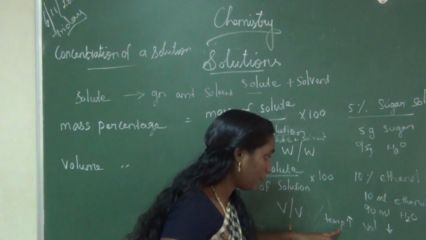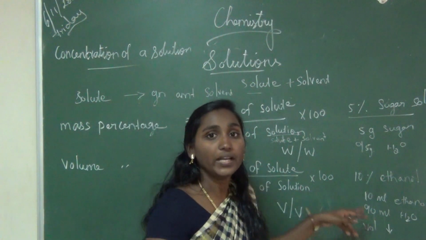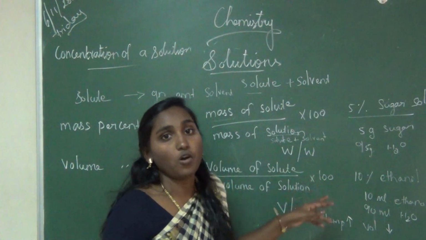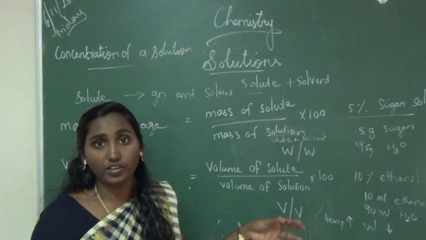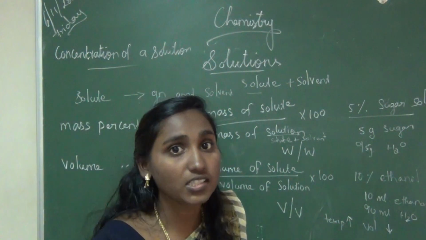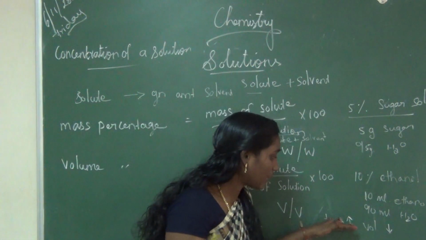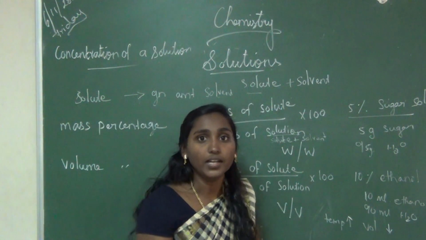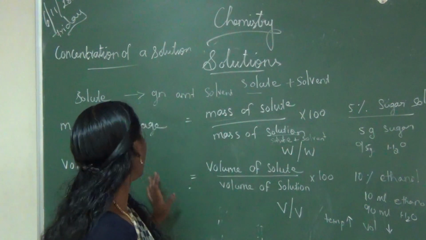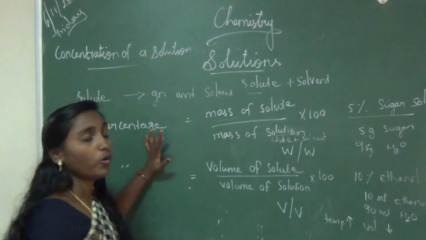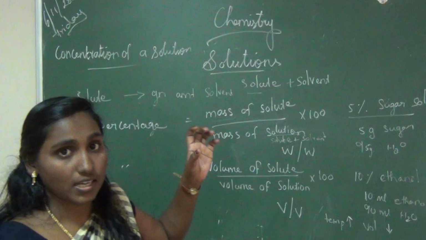Here, when temperature increases, the volume decreases because of expansion of the liquid. When heating the liquid, it will expand, right? So because of the expansion of liquid, when temperature increases, volume percentage decreases. Have you understood?